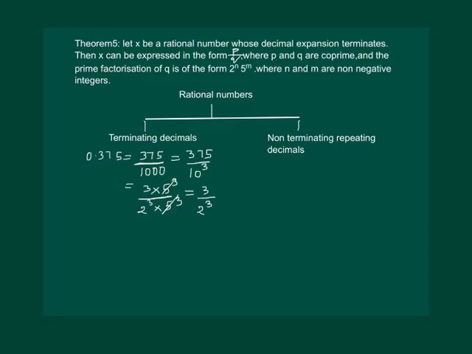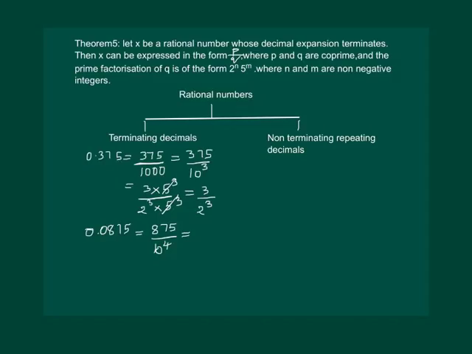Let us take another terminating decimal. Say we take 0.0875. Let us convert it into rational. Factorize this further.